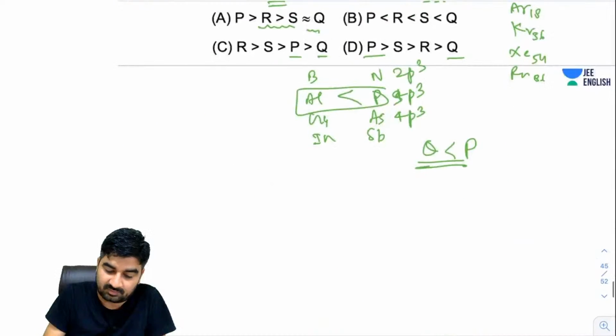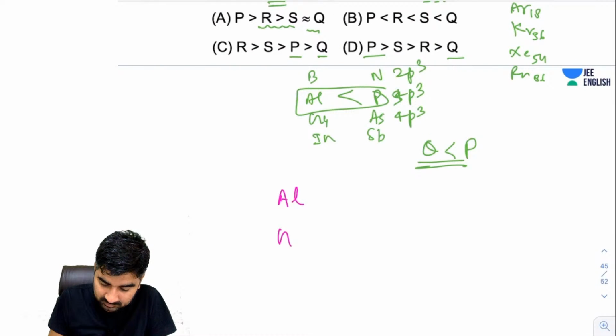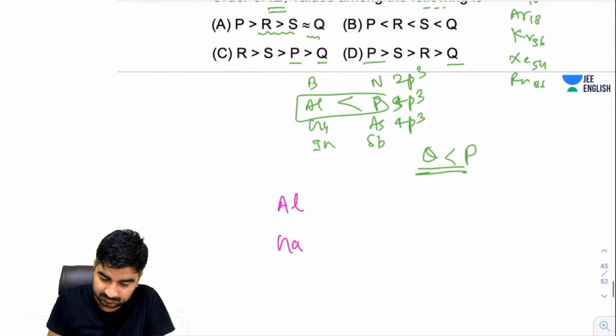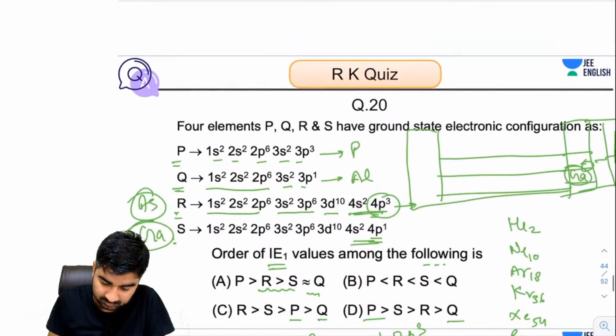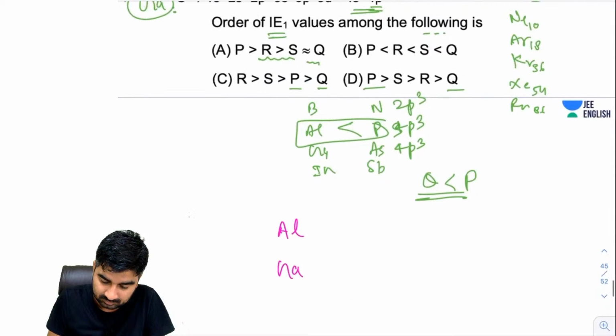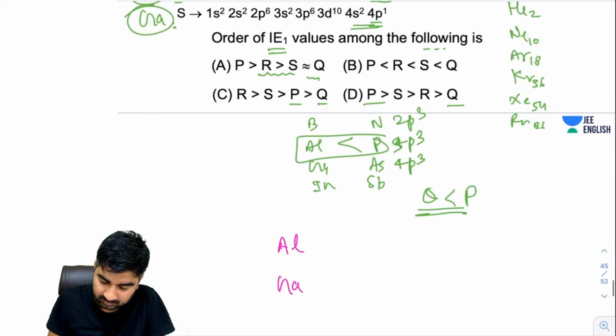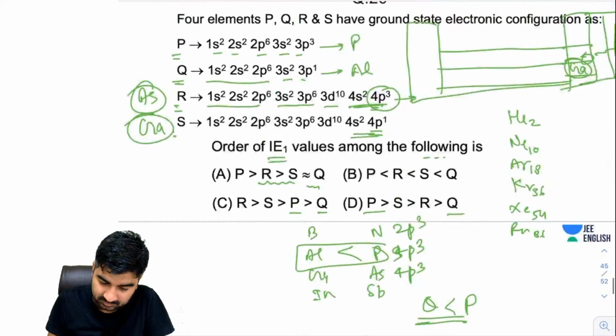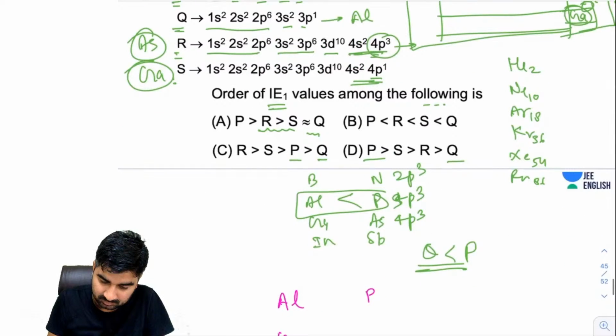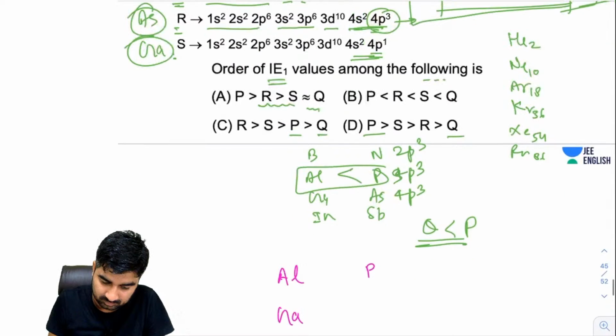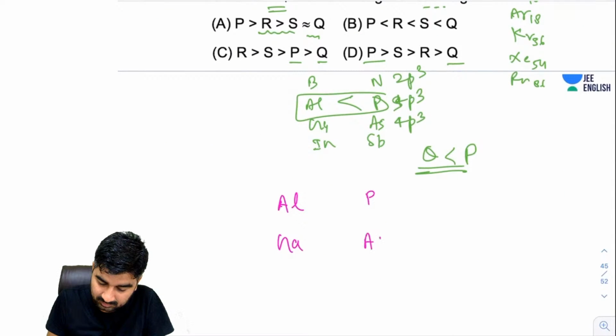So basically if you arrange the elements, it is aluminium, gallium, phosphorus, and this is the periodic table.